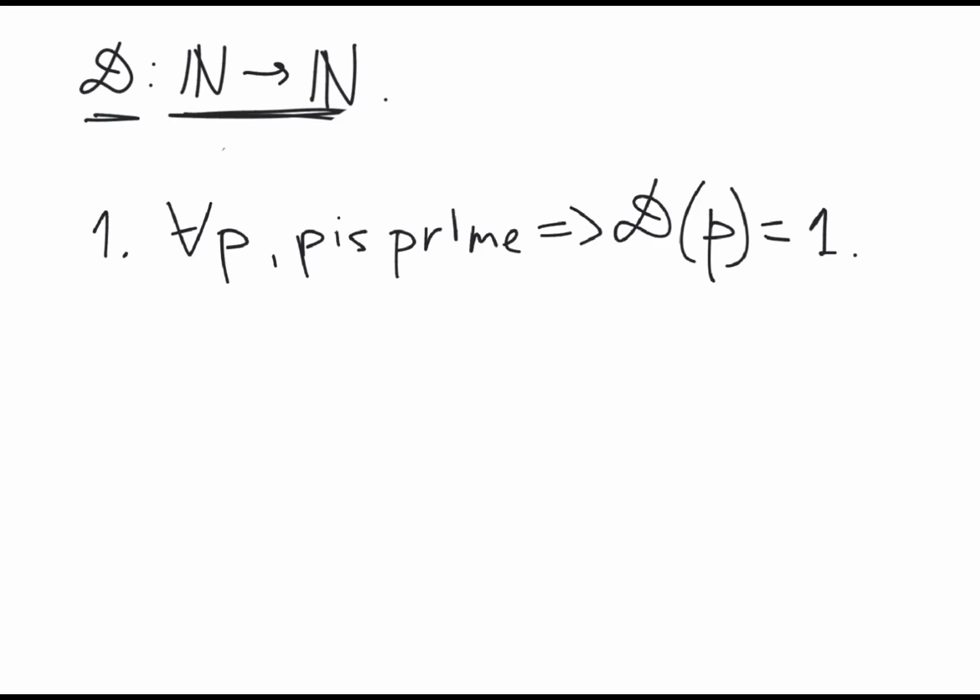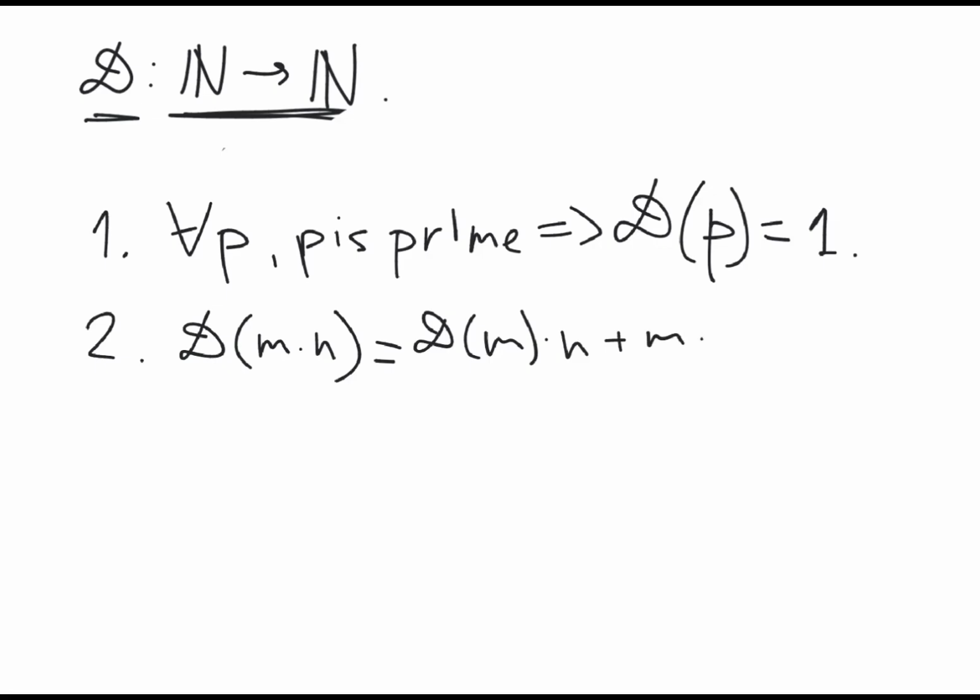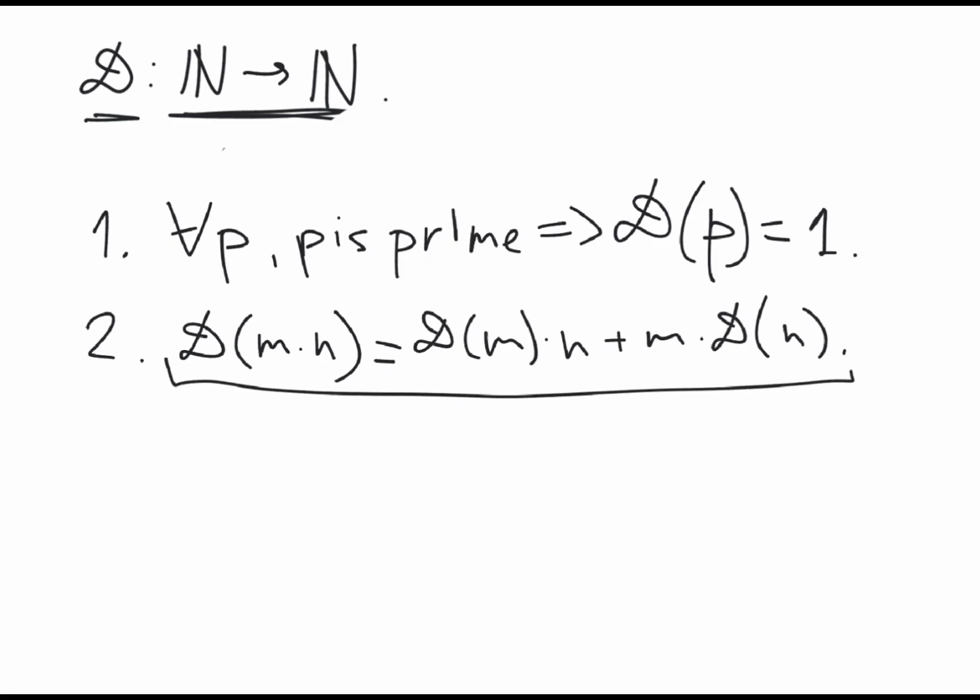That's the first rule. The second rule is that the derivative of the product of any two numbers m and n is equal to d of m multiplied by n plus m multiplied by d of n. This is exactly the analog of the product rule for a regular derivative.